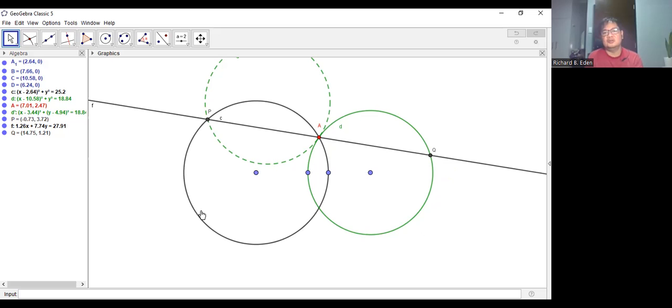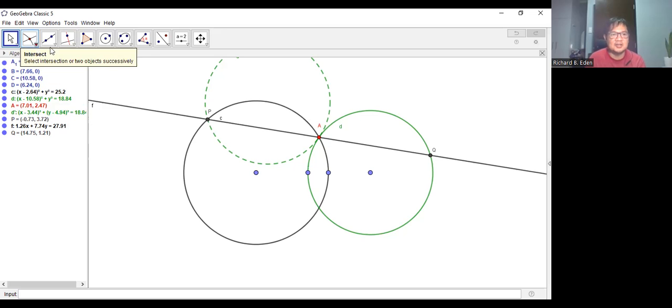So the other point P that we're looking for should be on the image green circle and also on the black circle. So let's draw the half turn we used in coming up with the dash green circle.